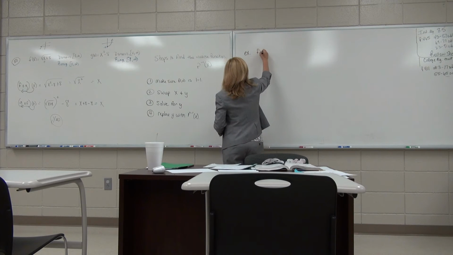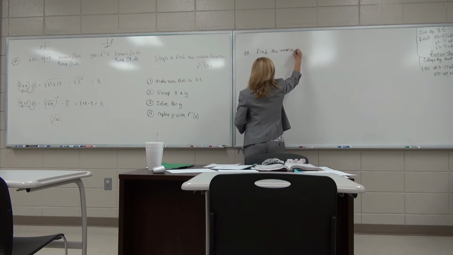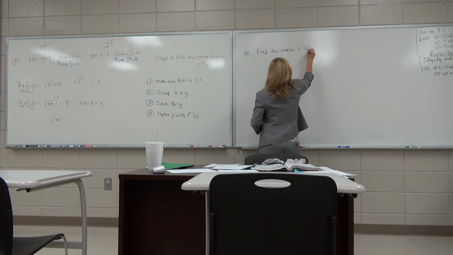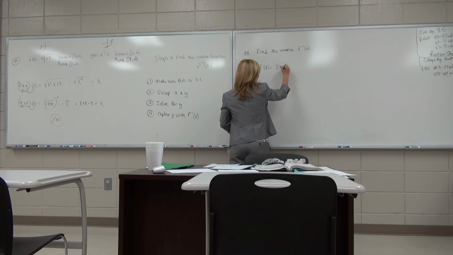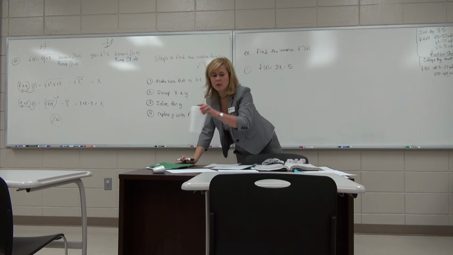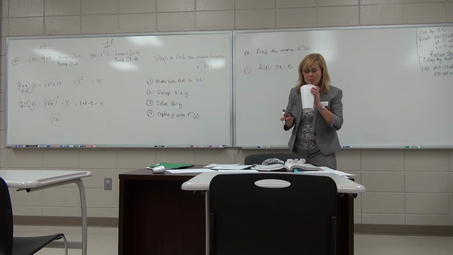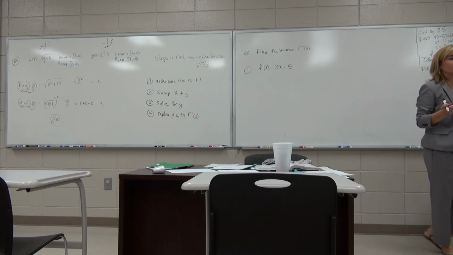So your directions are to find the inverse. For number 1, let's say I have f of x is equal to 3x minus 5. Well, what is f of x the same thing as?